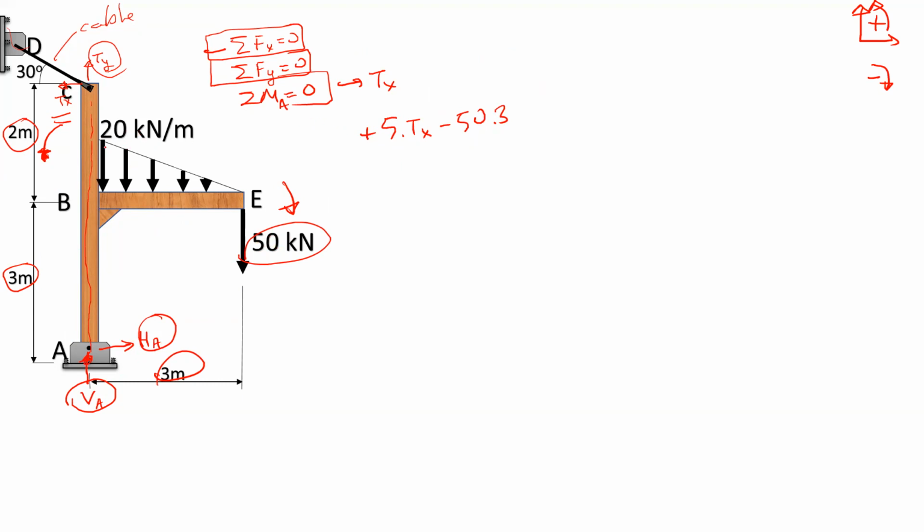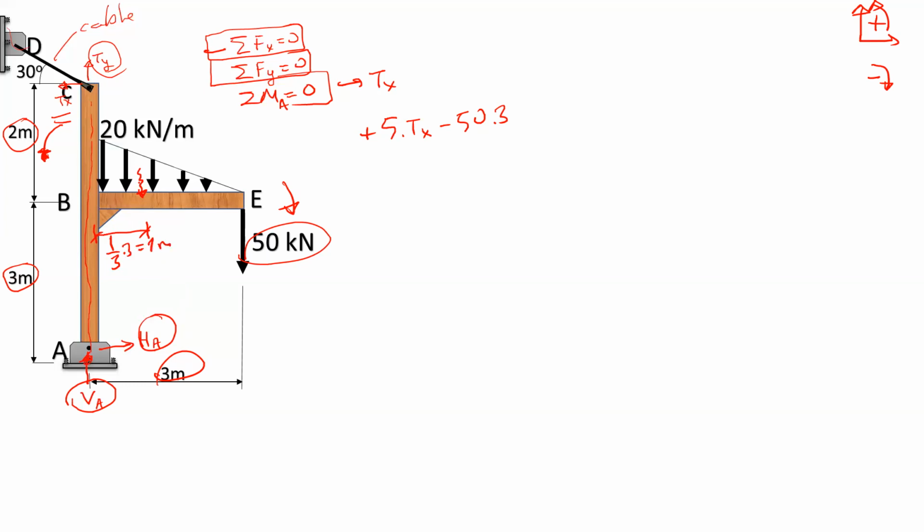Instead of using this triangular load, we can just use the resultant force, and the resultant force here is located at 1/3 distance of the total span length. The total span length is 3 meters, and 1/3 of 3 meters equals 1 meter.